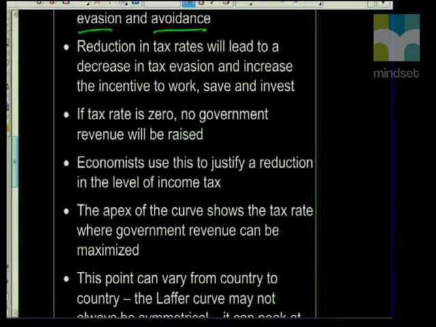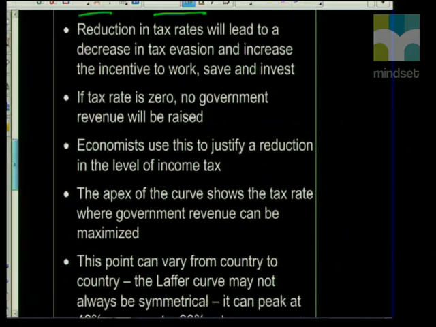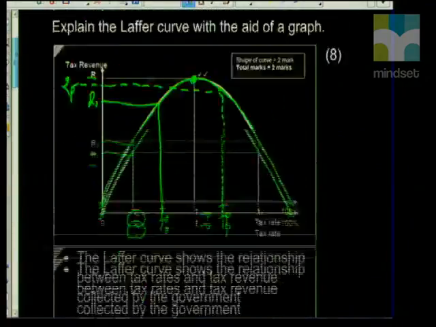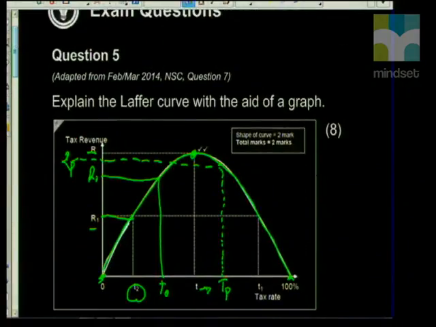Economists use this to qualify a reduction in the level of income tax. The apex of the curve, right to the top, shows the tax rate where the government revenue can be maximized. It just shows you there that you cannot go any higher than that. In other words, we cannot decide to go higher than that because then we are going to have a dire situation.